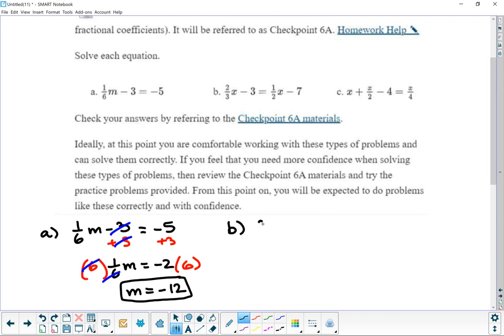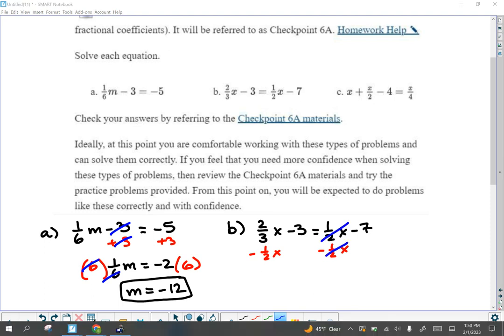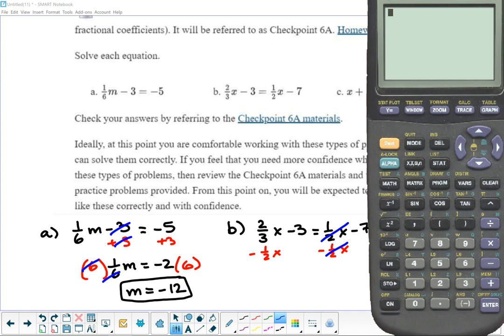B, 2/3 x minus 3 equals 1/2 x minus 7. Okay, I'm going to go ahead and subtract 1/2 x. That's going to give me 2/3 minus 1/2, and you may need a calculator. So let's say I'm using it. Right, so I'm going to go 2/3 minus 1/2, just like that. You'll get an answer, and then you can always change it to a fraction, or you can keep it as 0.1666.